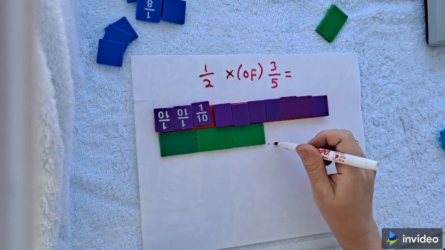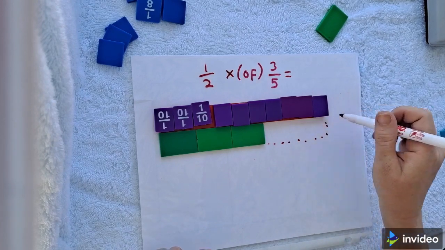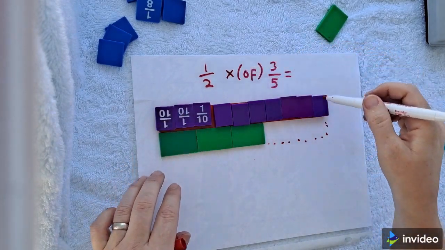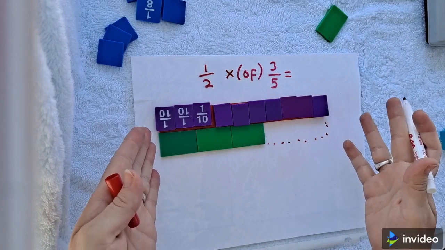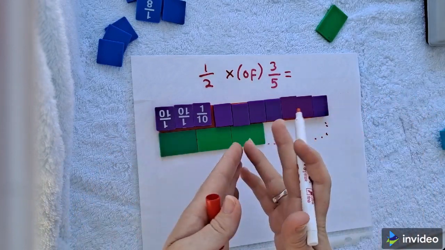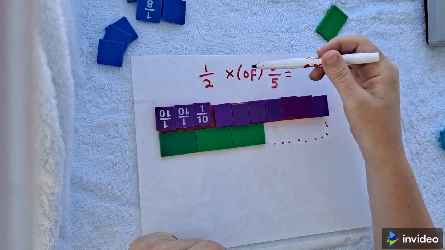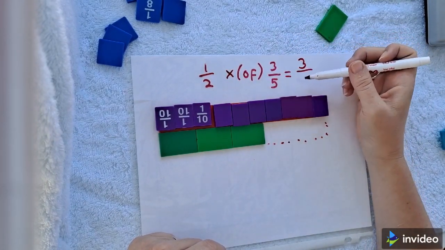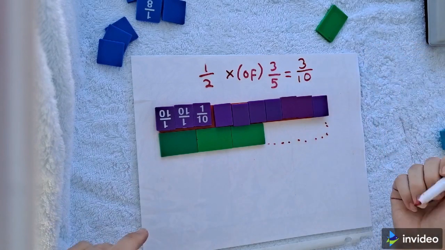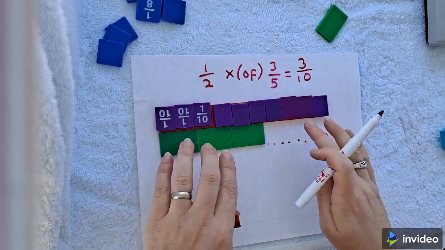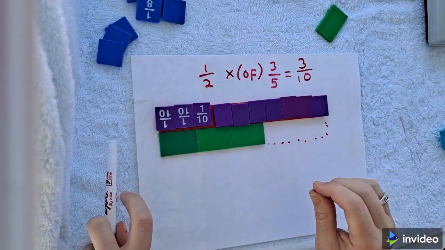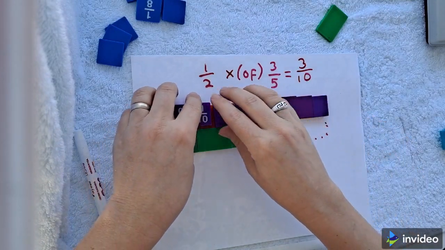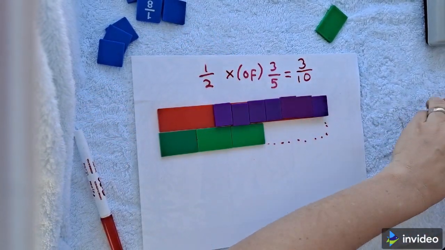Because when we're multiplying, we're always asking what is 1/2 of 3/5 of the unseen whole. That's the big thing, that it is part of the unseen whole. So therefore, it makes sense that 1 times 3 would be 3, and 2 times 5 would be 10, and there wouldn't be any need for simplification beyond that. So this is using the fraction tiles to illustrate multiplying by fractions.